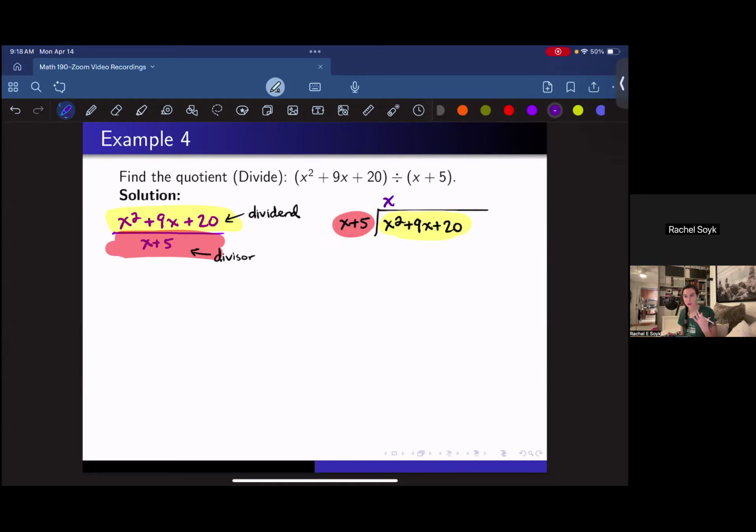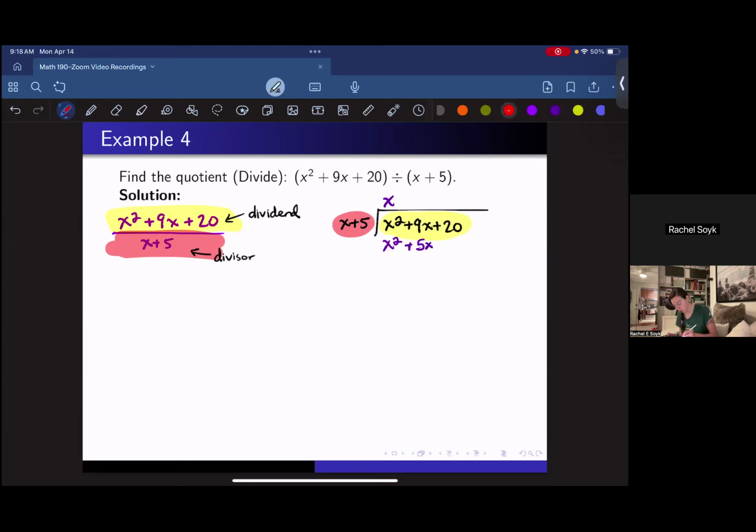And now this is sort of like a process. Now we take this, we utilize our distributive property, and we put that result down here. X times x gives us x squared, just like we originally said. And then x times 5 gives us a plus 5x.